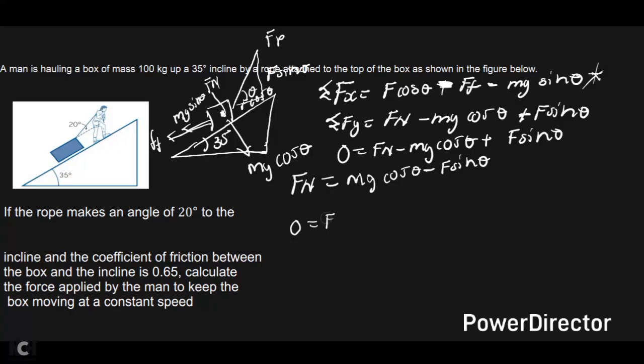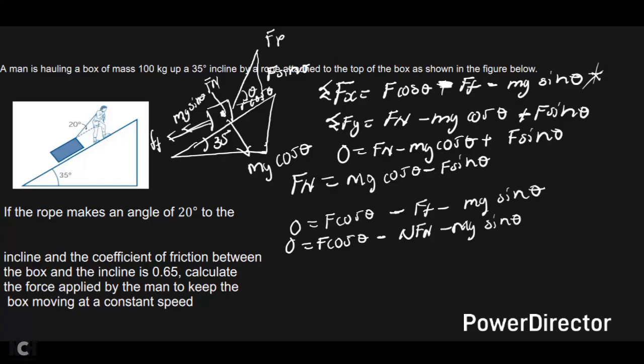It will be F cos theta minus friction force minus the gravitational force in the x-axis, like that, right? So where is the weakest point? The weakest point is where there's friction. So we say 0 is equal to F cos theta minus the friction force, which is mu times the normal force, minus mg sin theta.